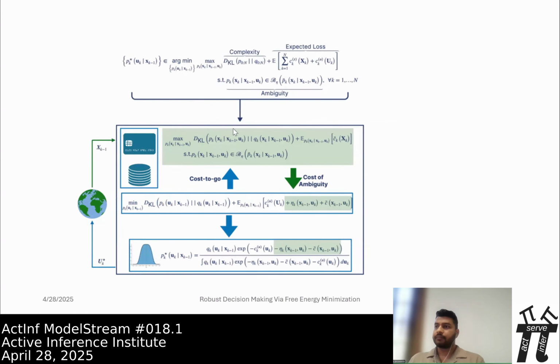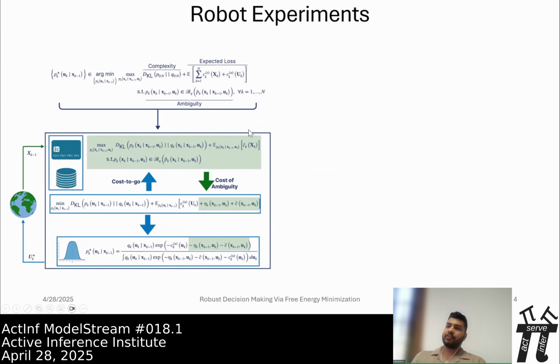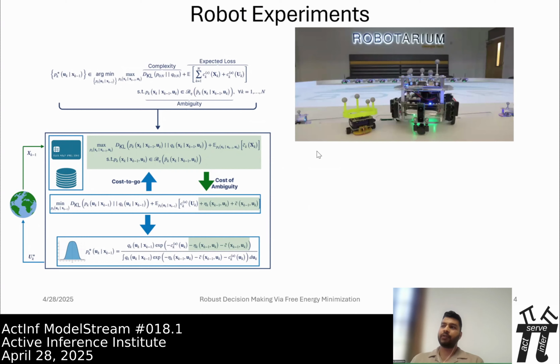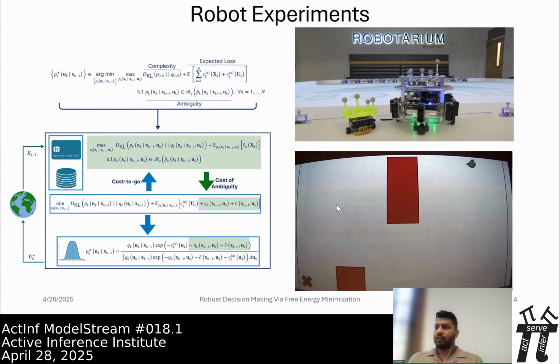Now, first I will introduce the robot experiments. We use the Robotarium platform by Georgia Tech, and you can send your code to them, and they will implement your code on the robots, and they will send you the video and the results, basically. And this is a real snapshot of the platform, of the work area.